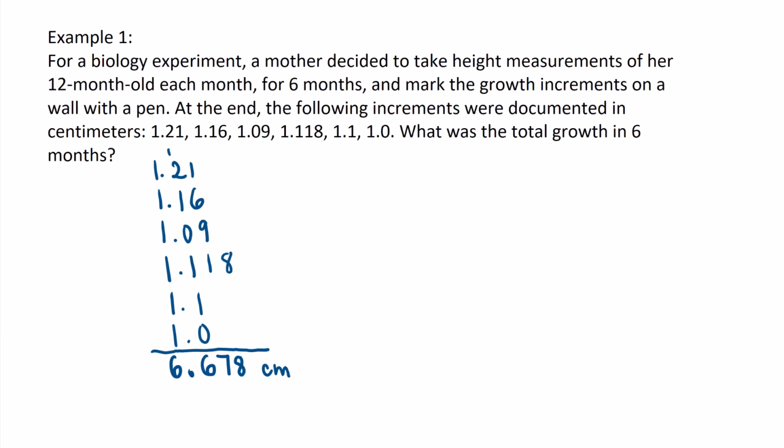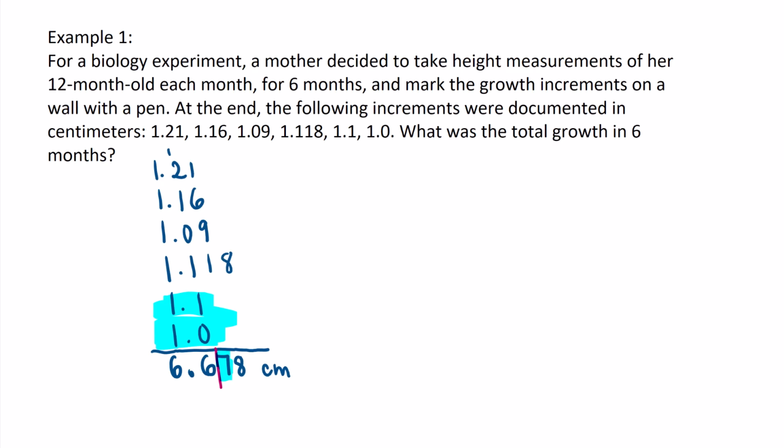But what was the total growth in 6 months? For accuracy purposes, the least accurate values would be these two right here, 1.1 and 1.0, because they were only accurate to the tenths of a centimeter. Therefore, we have to round to the tenths place. And just a quick refresher on rounding, if the number after the decimal place we have to round to is 5 or more, we round up the 6.